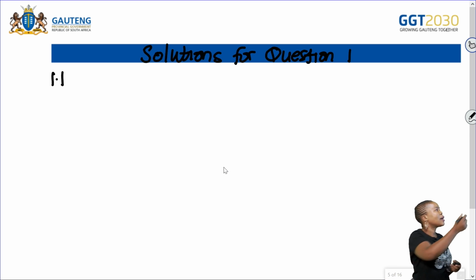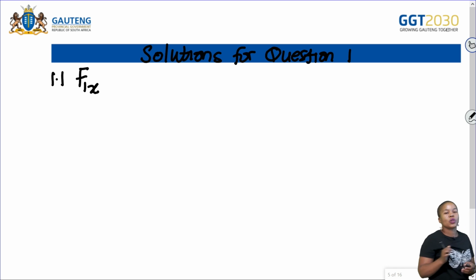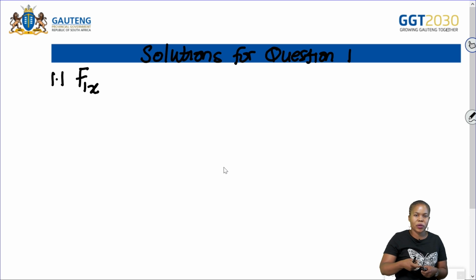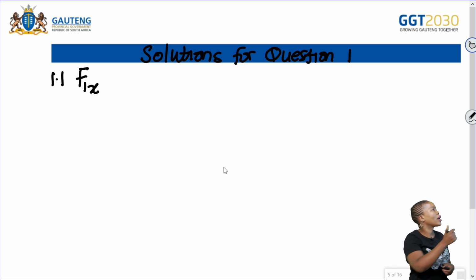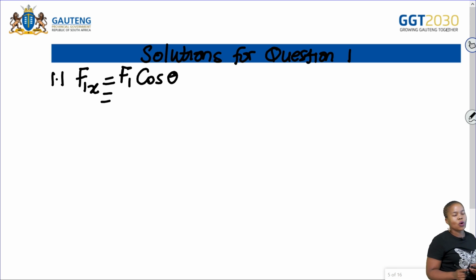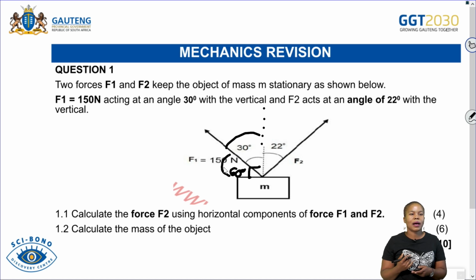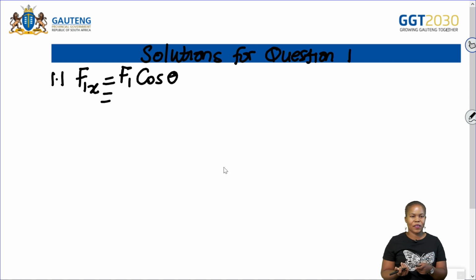So we say we have F1x, because we're looking for the horizontal component of F1, equals F1 cos theta. What is the magnitude? I'm going to go back and forth a little bit so that we get a glimpse of what we're talking about. F1 has a magnitude of 150.